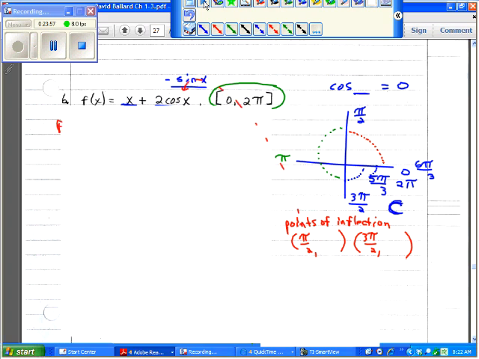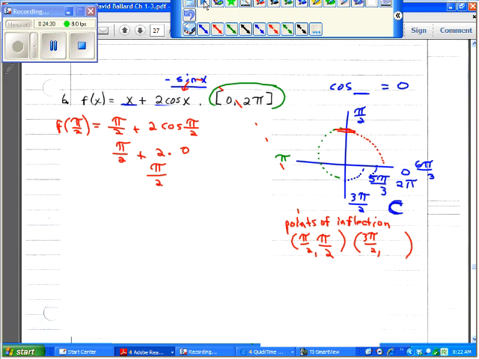So if we do f of pi over 2, we will have pi over 2 plus 2 cosine pi over 2, which is going to be pi over 2 plus 2 times, what's the cosine of pi over 2? 0. And so we're going to have pi over 2.